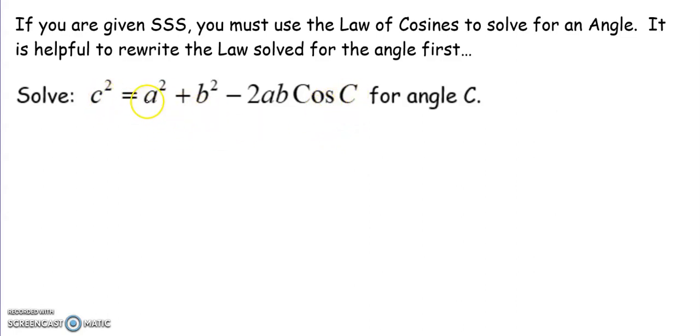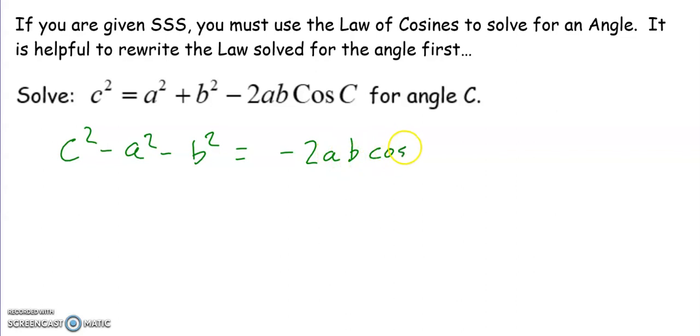The first thing I'm going to do is subtract A squared and B squared. So I'm going to have C squared minus A squared minus B squared equals negative 2AB cosine C. I need to get the cosine C by itself, so I'm going to divide both sides by negative 2AB.